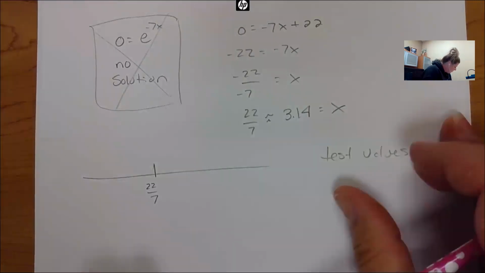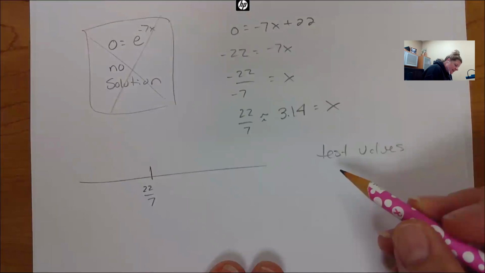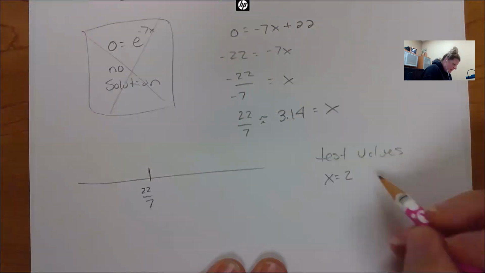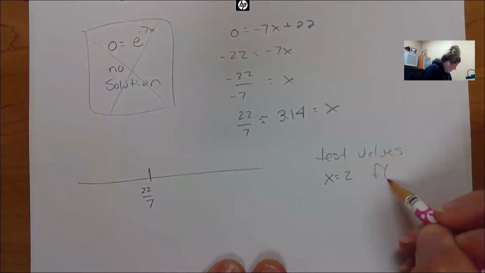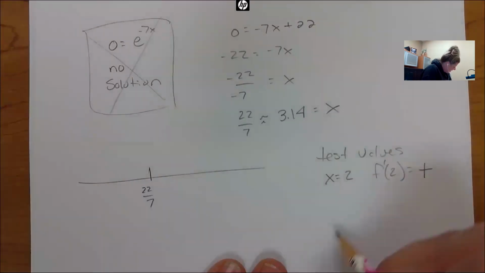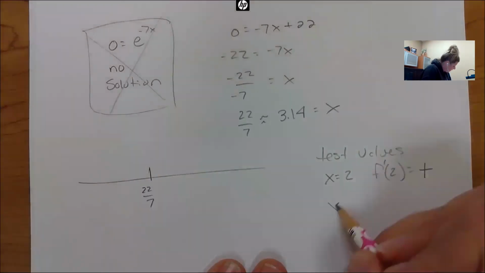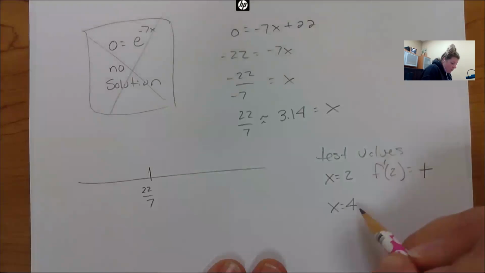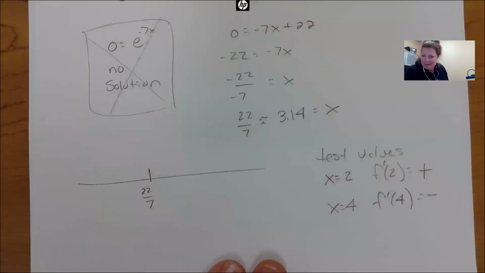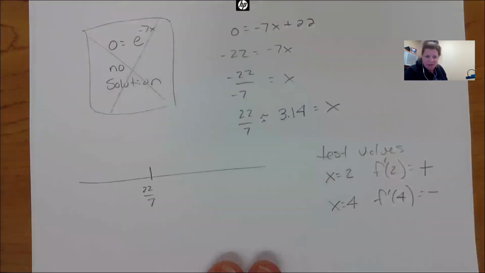And I am going to put in x equals 2, and I'm going to get out that the derivative at 2 is going to give me a positive value. Okay, and if I put in the value 4, that derivative at 4 is going to give me a negative value. I didn't calculate them out. Put the number in. Just put it in your calculator.